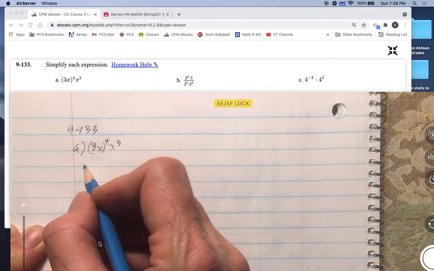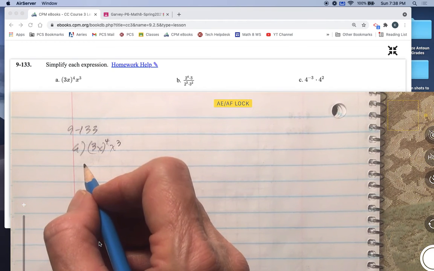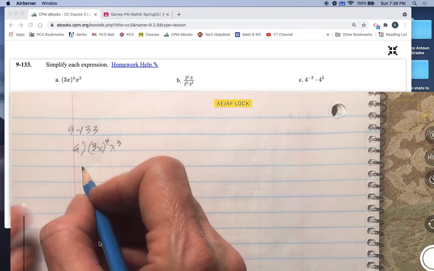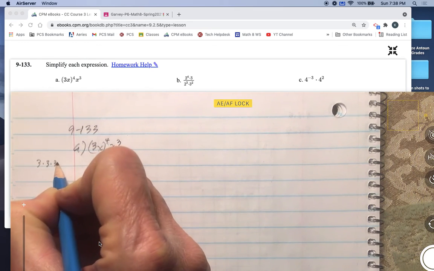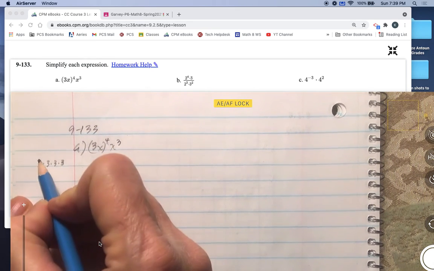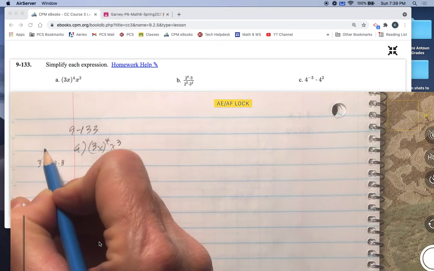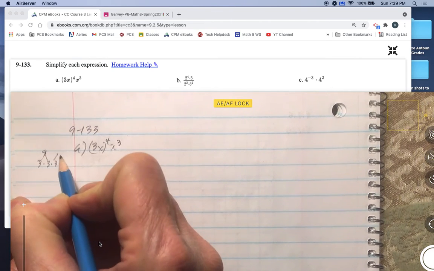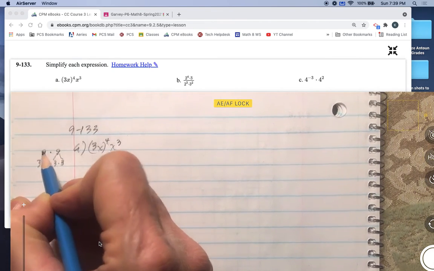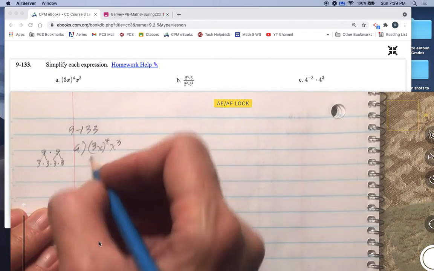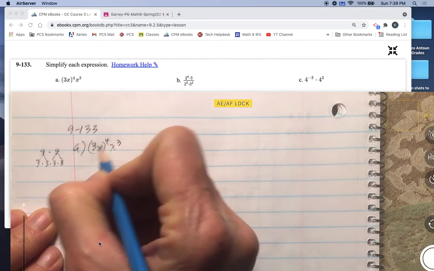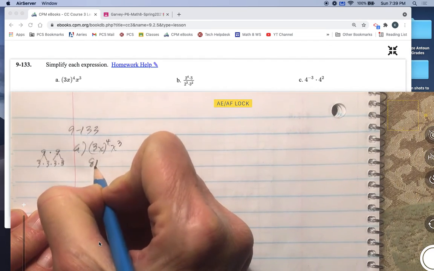And then I could do 3 times 27. Another way I could do it is to factor these out, and I notice that 3 times 3 is 9, and that happens both times. Then I can just multiply 9 times 9. Okay, so 9 times 9 is 81. So 3 to the fourth power is 81.